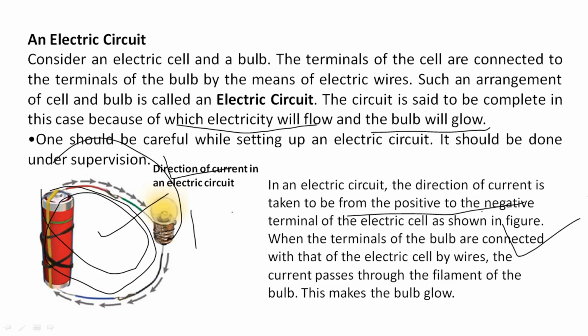So two wires in the bulb and there will be a filament. When electricity flows through this filament, the bulb will glow.